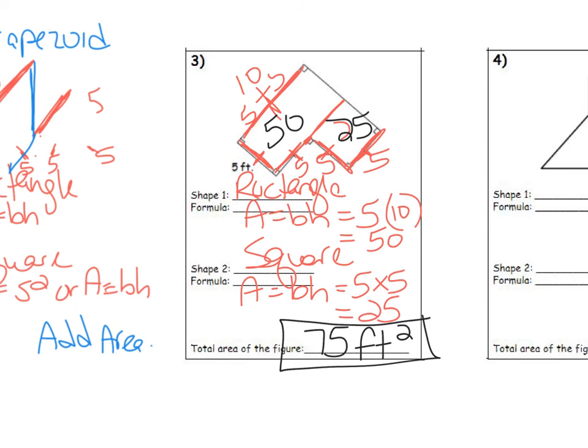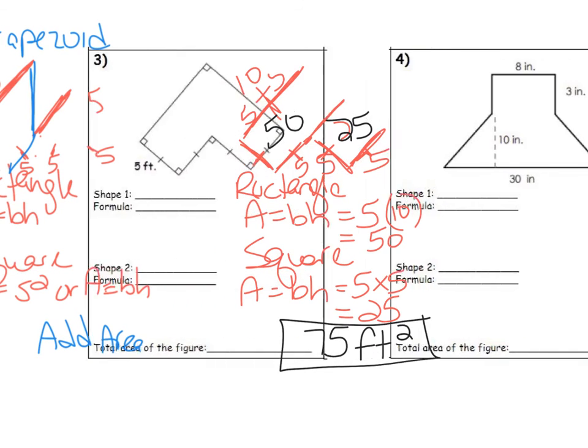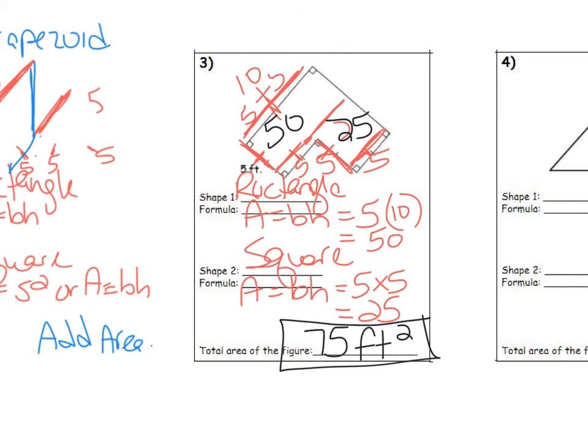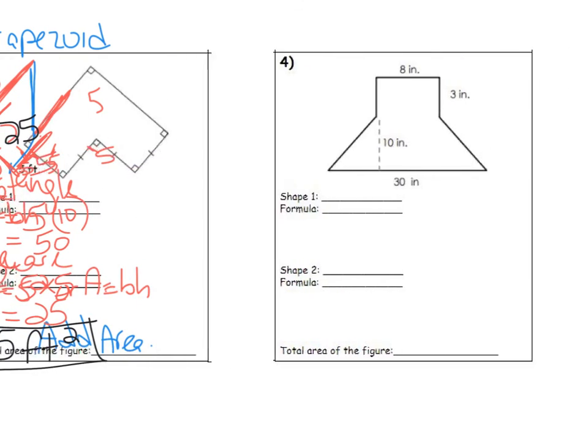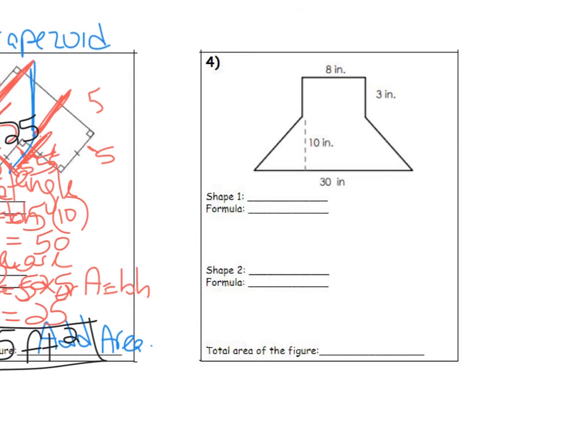So now we're going to go ahead and move our figure over. Move everything over, and we're going to work on number 4. Now number 4, we have a composite figure, and you have 2 shapes.